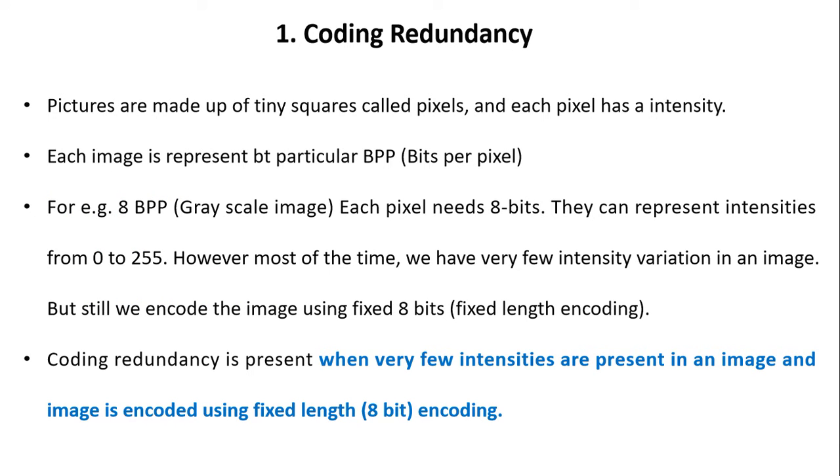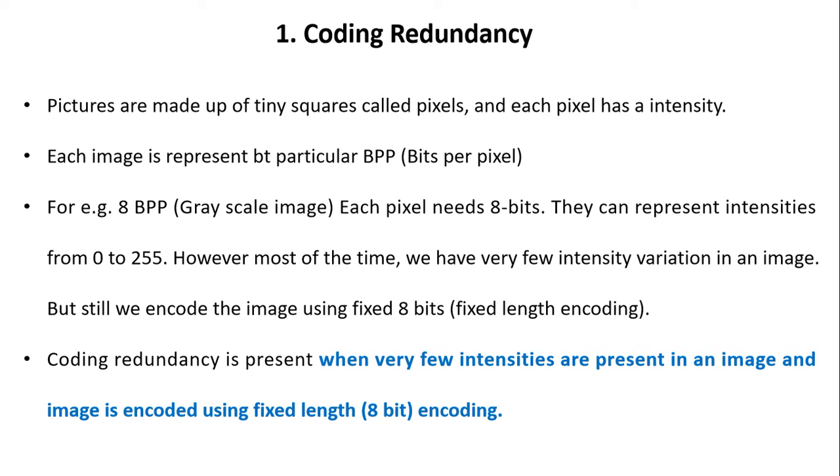First is coding redundancy. Pictures are made up of tiny squares called pixels, and each pixel has an intensity. Each image is represented by a particular number of bits per pixel, that is BPP. For example, 8 BPP is a grayscale image. Each pixel needs 8 bits and can represent intensities or colors from 0 to 255.